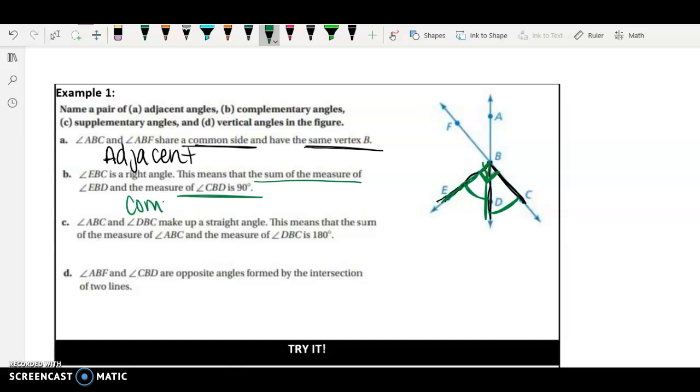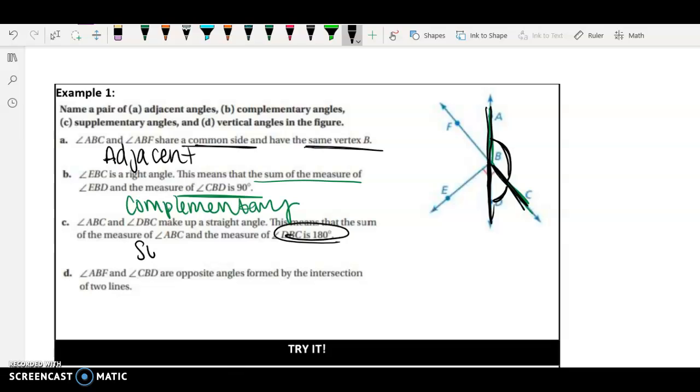So these are complementary. ABC again and DBC have a measure of 180 degrees. So that means that this angle here plus this angle here gives me this straight line here. And so that means that these are supplementary.